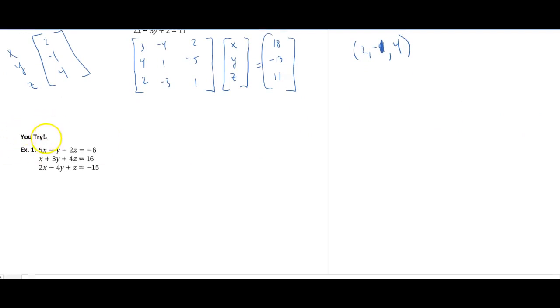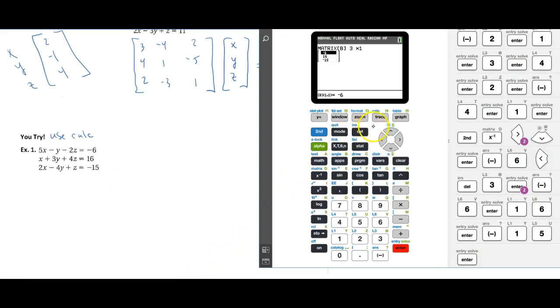So do me a favor on the you try. Use your calculator, and try this one by hand real quick. And then come check it in. I went ahead and put it in here already. I have matrix A plugged in here, the coefficient matrix.